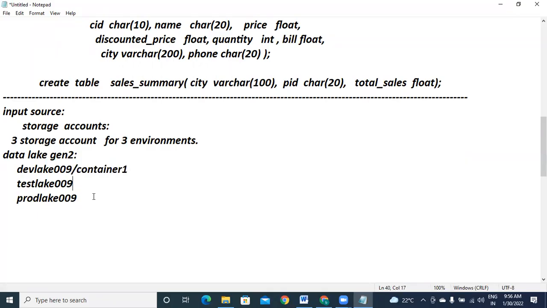Container 1, or else raw data is my container. Under this you have files.